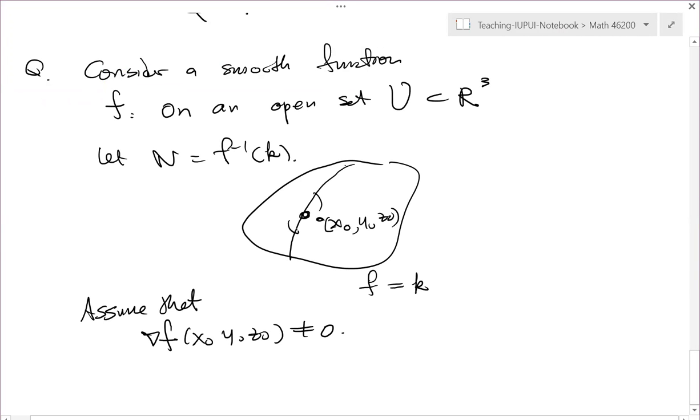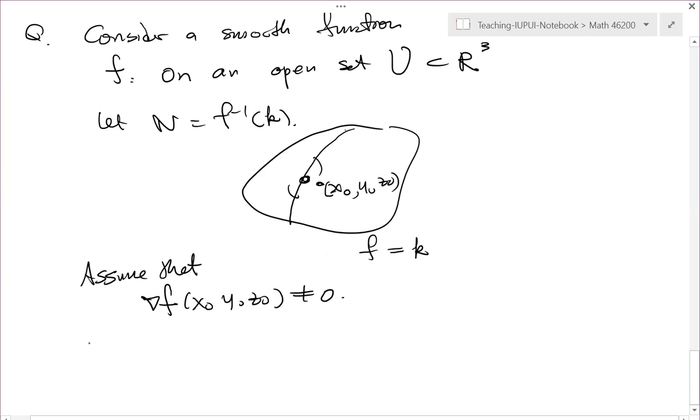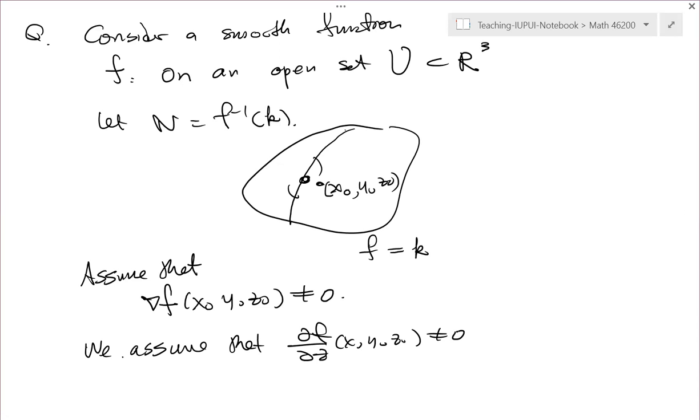For simplicity, because the three components are not all zero, without loss of generality, as we always say in mathematics, we assume that the partial derivative of f with respect to z is not zero. One of the three components is not zero, and if this is not zero, then in a small neighborhood it is not zero.